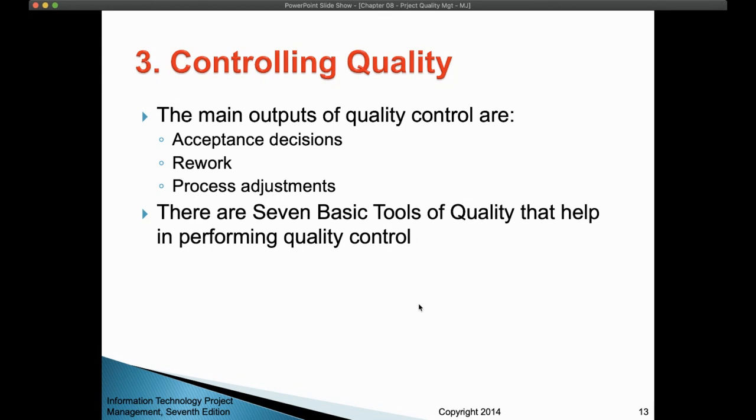Some quality issues or defects can be accepted. So you can accept this problem or this defect. That's the acceptance decision. It's okay, fine. It doesn't affect the functionality, and it doesn't affect the safety of the user.